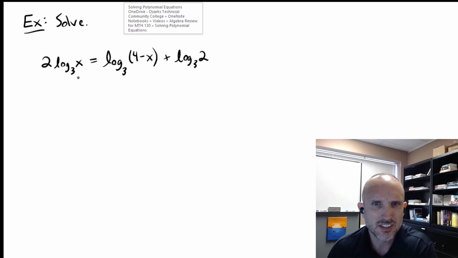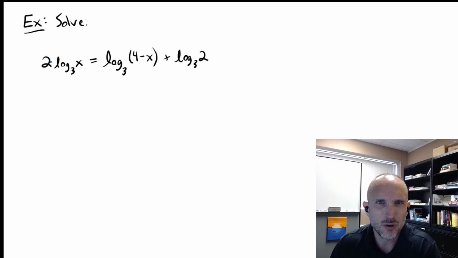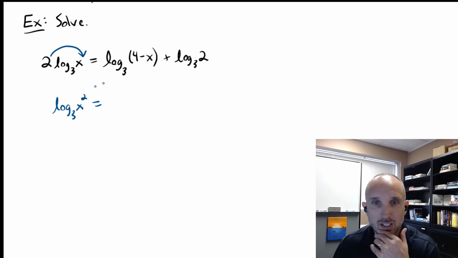So on the left I have a single log, but it has a coefficient, so I can't undo it the way it sits. So the first thing I'm going to do is use the log law that tells me to make that coefficient an exponent on x. So I have log base 3 of x squared now, which I can undo with a base of 3.